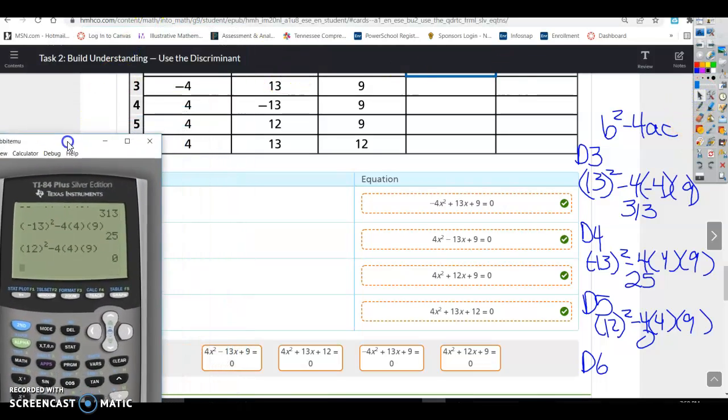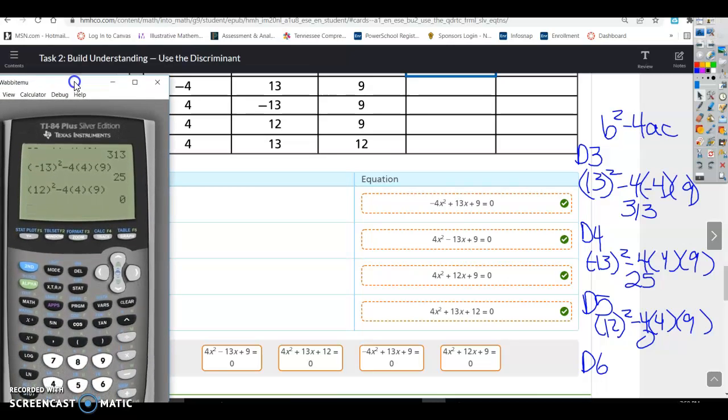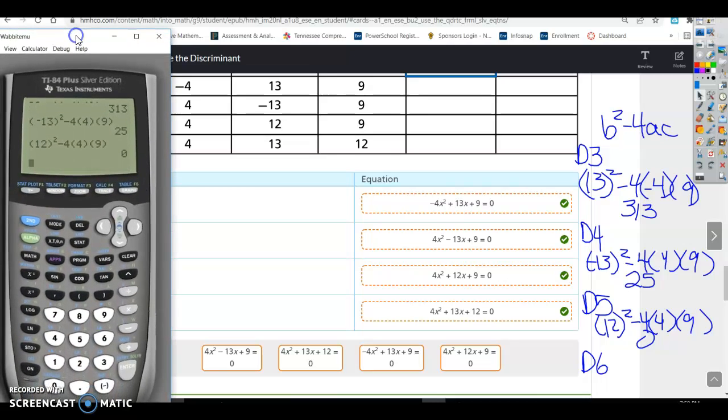And then D6, 4, 13, and 12. We're going to have 13 in the middle, so that's our B. A is 4, and C is 12. So we're going to do 13 squared.